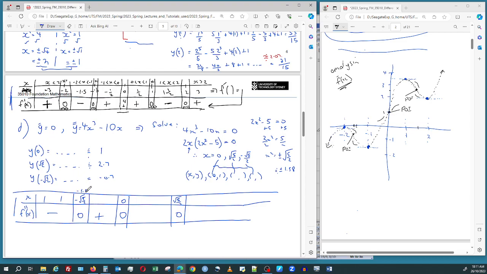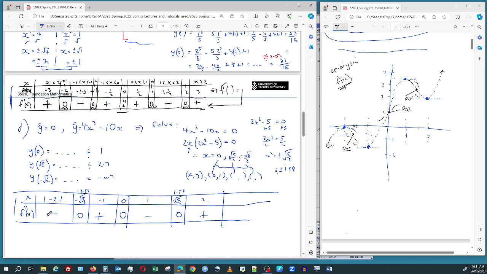So check negative 1, positive 1.58, check 1, check negative 2, check 2. As you do that, you'll find you get information consistent with what we did over here. All of that gives you your justifications for answering the questions above and below.